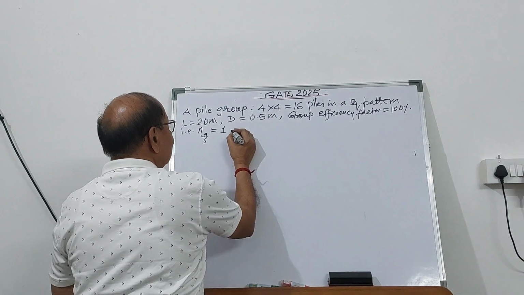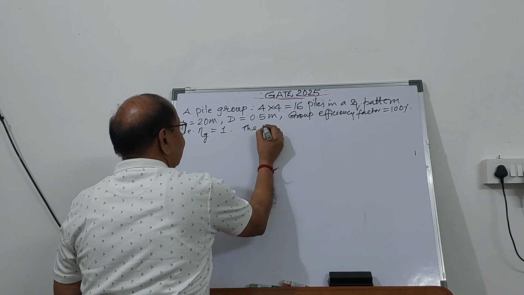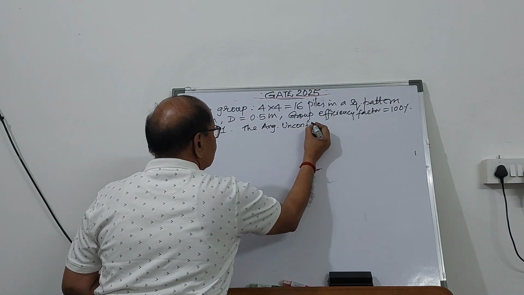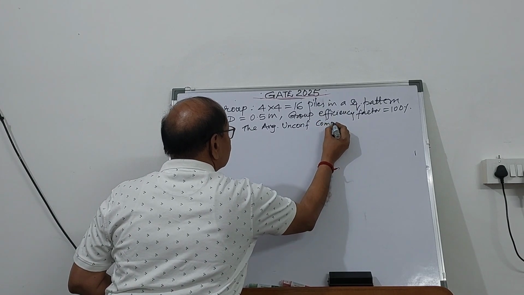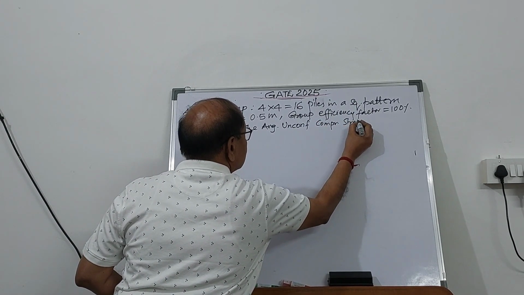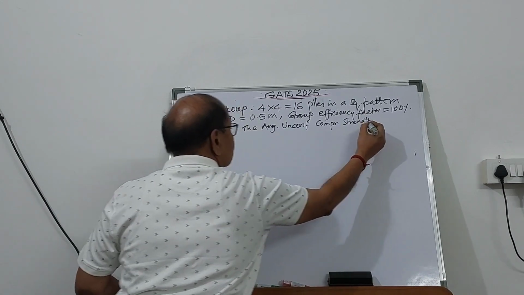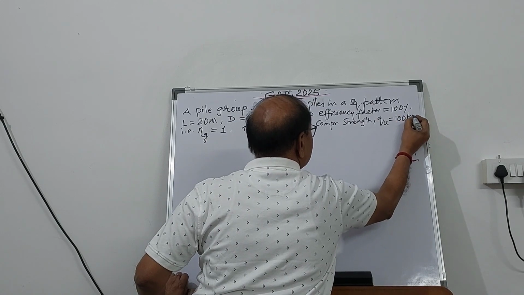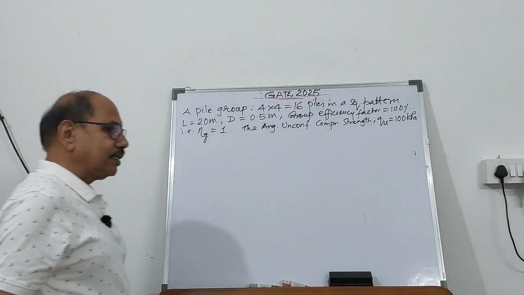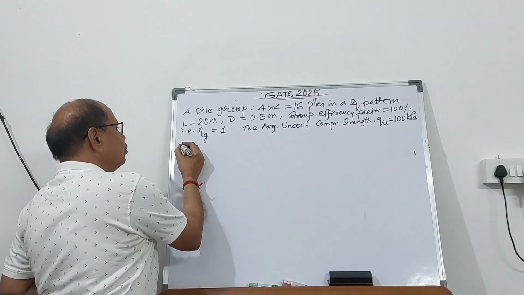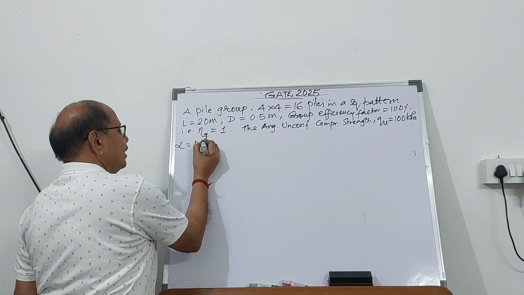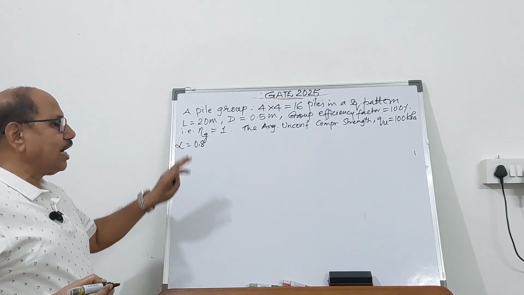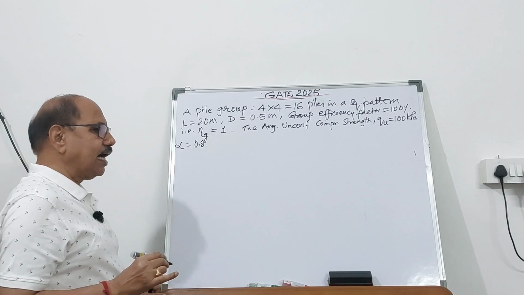The average unconfined compressive strength, Qu, is given as 100 kilopascal. So that's also given to you. Alpha value has been given in the examination as 0.8, although this is on the higher side, but it is given in the question paper like that.